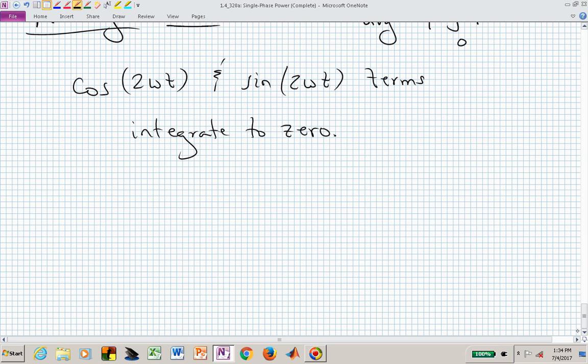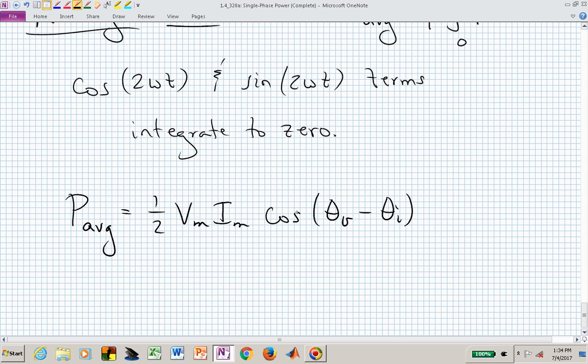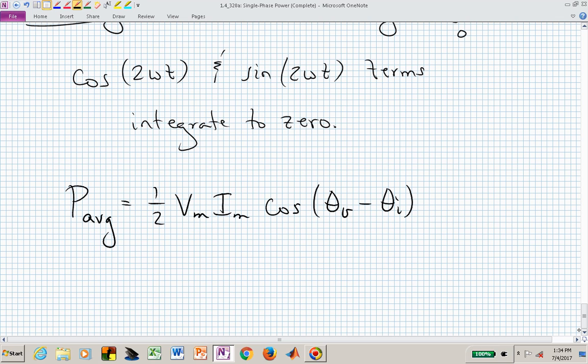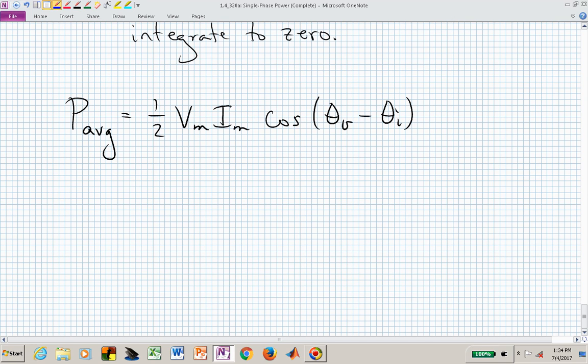Or the average power now is going to be 1/2 V max I max cosine of theta sub v minus theta sub I. And as I hinted before, we will probably not be using the maximum values all the time, and we will probably start removing the subscript average, and we'll just call this P. But now in terms of RMS, V max over 2, and well, let's just split that 2 into two pieces and say we have V max over the square root of 2 and I max over the square root of 2.